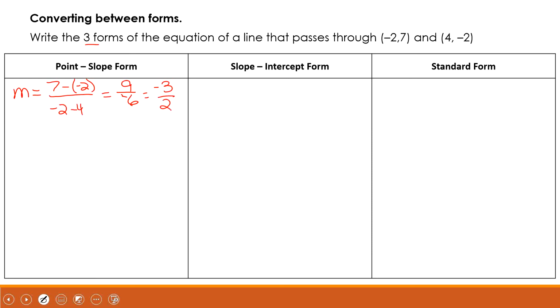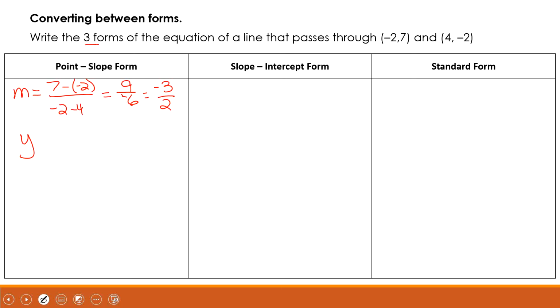That's my slope. So now I just have to pick a point that works with my y value in point slope form. So I am going to pick the first one.